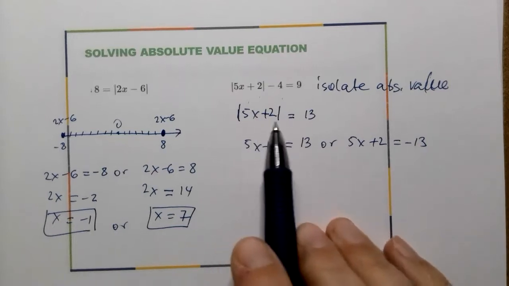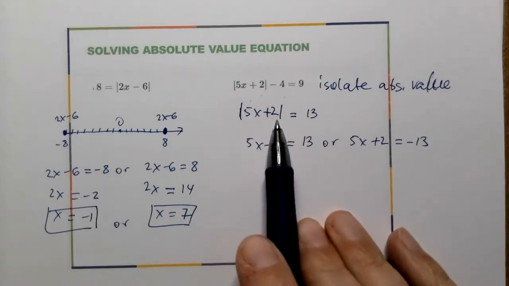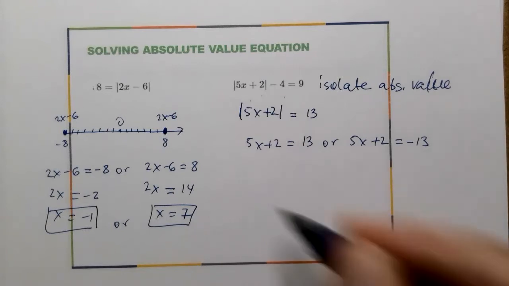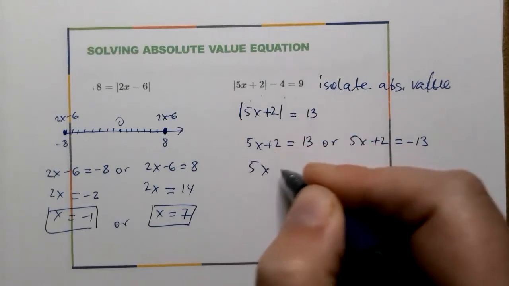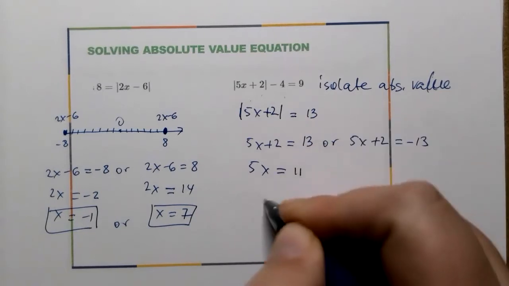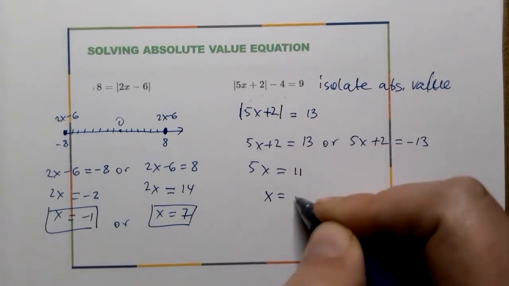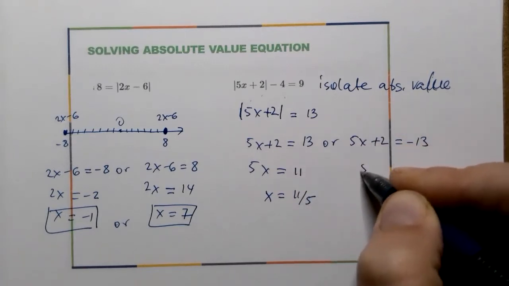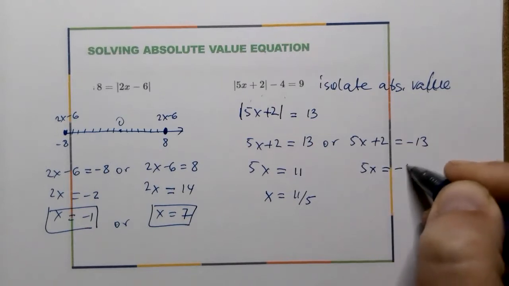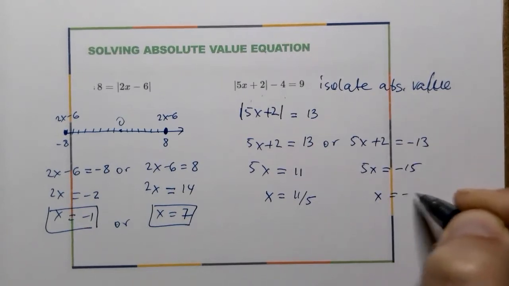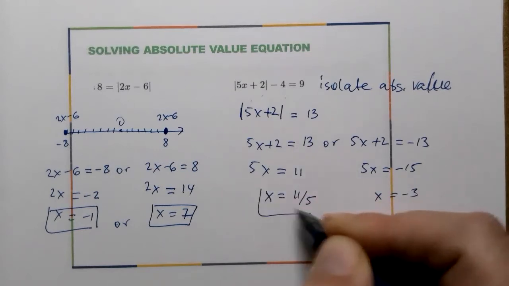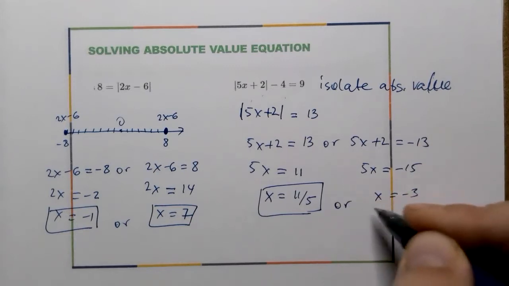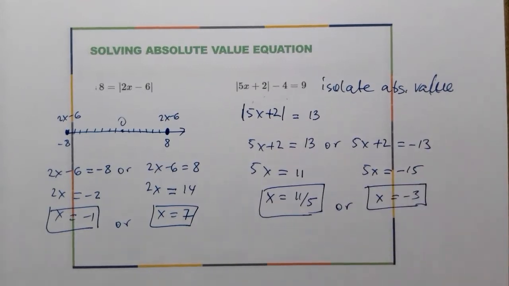What it tells us is that the distance of 5x plus 2 to 0 is 13. Okay, now we can solve it. So we got x is either positive 11 over 5 or it is negative 3.